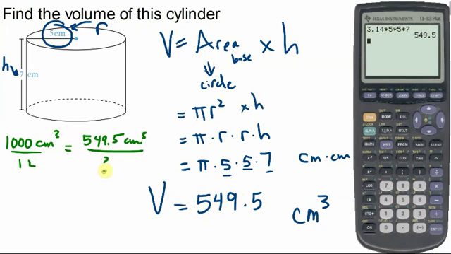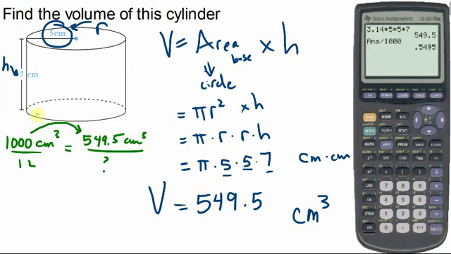And we want to know how many liters it is. Okay, we can go from this way to this way. I don't know how to go from 1,000 to 549.5. But if I take 549.5 divided by 1,000, I can find the multiplier, which conveniently is already on my screen, so divide that by 1,000.